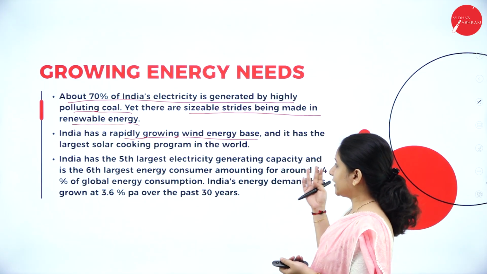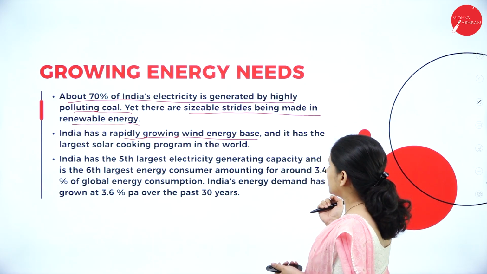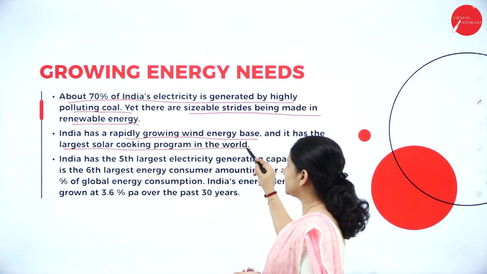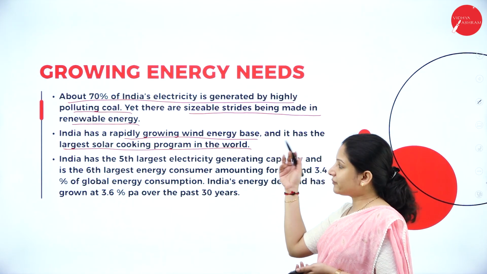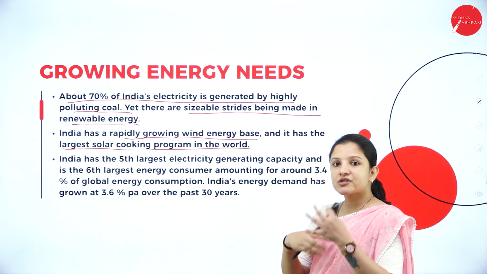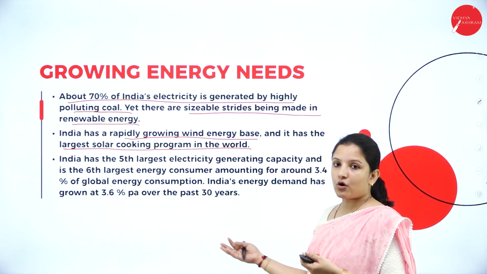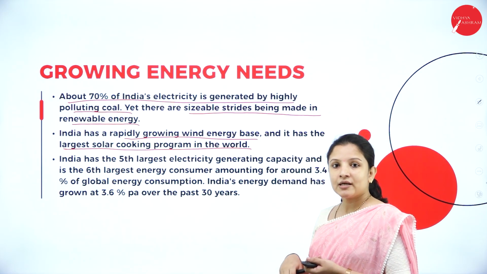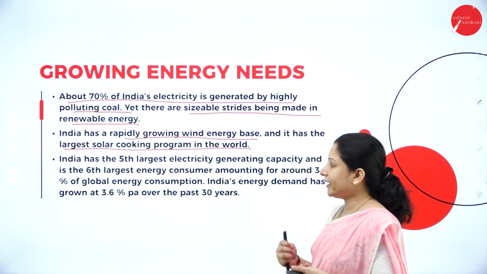Therefore India is rapidly growing its wind energy base, and it has the largest solar cooking program in the world. So these are the renewable resources which we have shifted to instead of depending on non-renewable resources, such as wind energy and solar energy for cooking and for electricity.